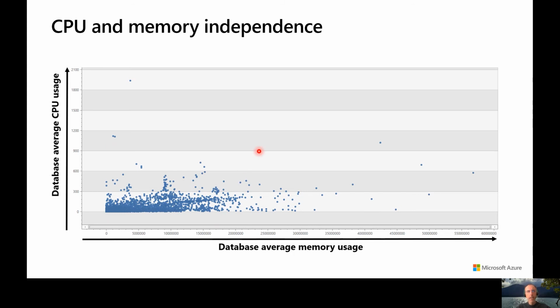So the key point to emphasize here is that the relationship between CPU consumption and memory consumption can be fairly weak. These can be resources that behave independently of each other. And so we took that to heart in the design of serverless.